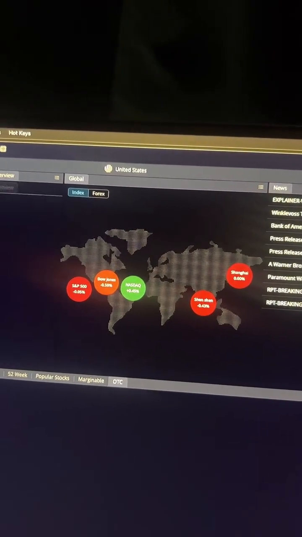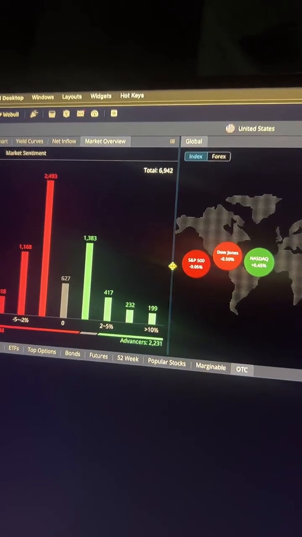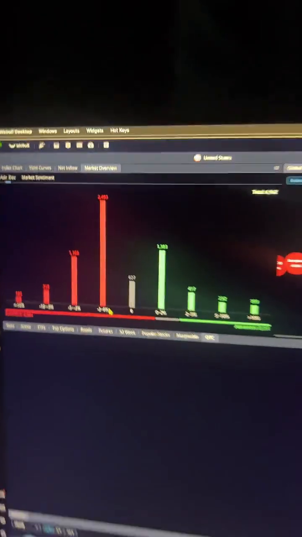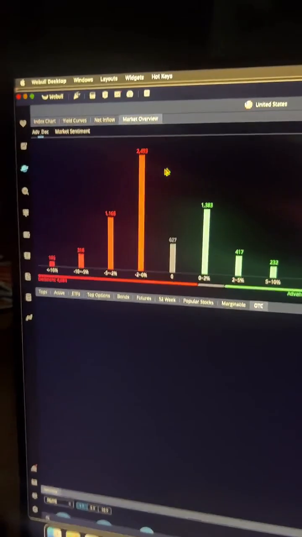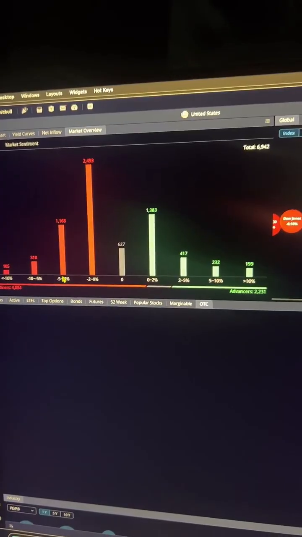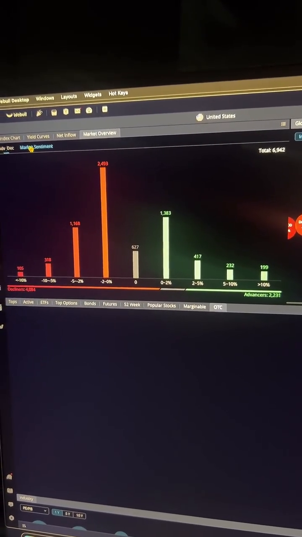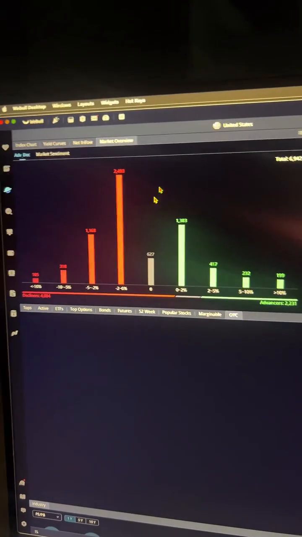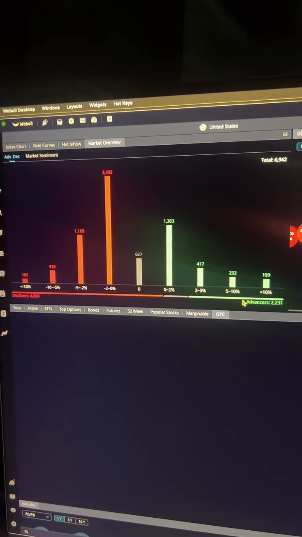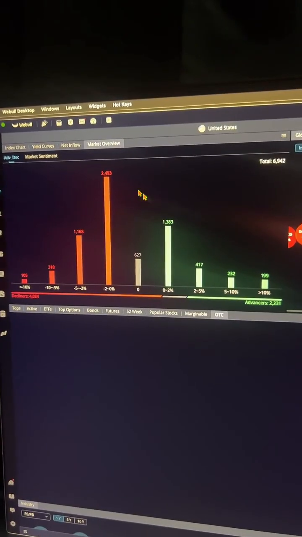So I can go to the market overview page and get a bigger picture of how the market is doing. More decliners than advancers right now. That information also helps you make a better investment decision, just from knowing that everything is declining more than it is advancing right now.